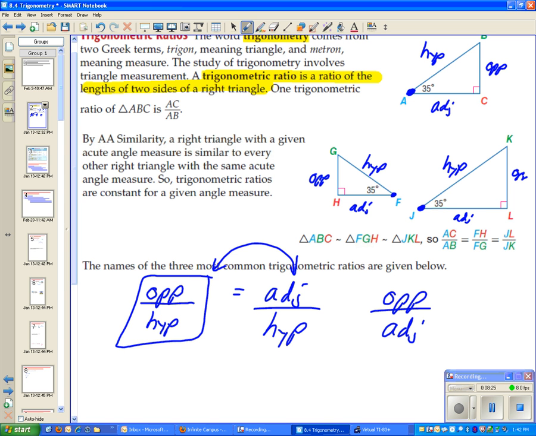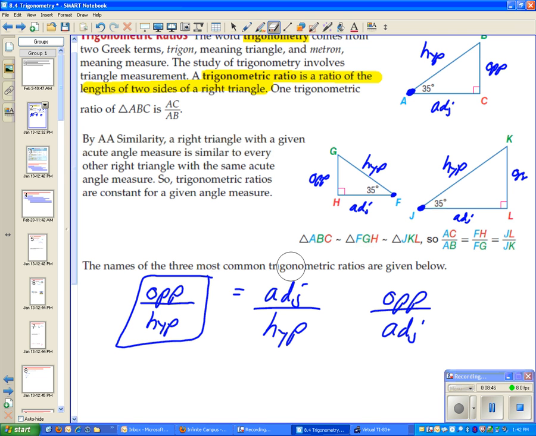I'm saying opposite over hypotenuse equals every other opposite over hypotenuse for a 35-degree angle. Adjacent over hypotenuse equals every other adjacent over hypotenuse for a 35-degree angle. Opposite over adjacent equals every other opposite over adjacent for a 35-degree angle.